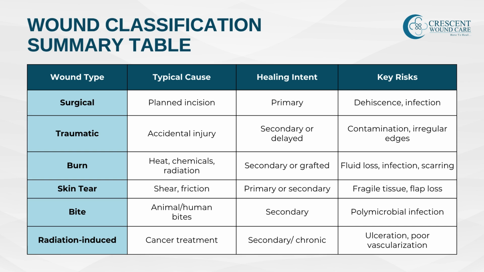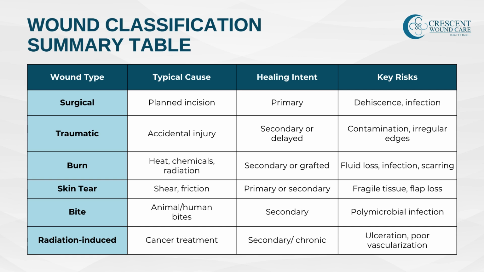Burns, whether thermal, electrical, or chemical, may require secondary healing or grafting. Risks include fluid loss, infection, and long-term scarring. Skin tears are common in the elderly due to shear or friction. Healing may be primary or secondary, but these wounds involve fragile tissue and potential skin flap loss. Bite wounds, whether human or animal, almost always heal by secondary intention due to their high infection risk from polymicrobial exposure.